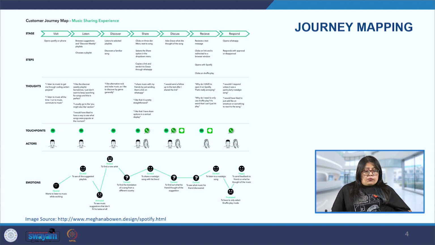It is really important because we have to understand what their frustrations and satisfaction points are in this whole journey, and wherever we find these pain points and points where they are feeling frustrated, we have to find ways to reverse them and provide a better experience to the user.